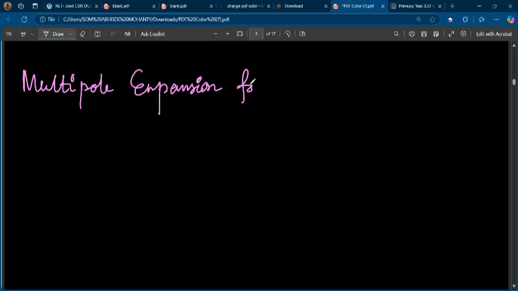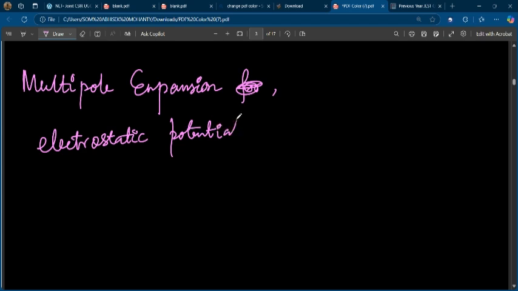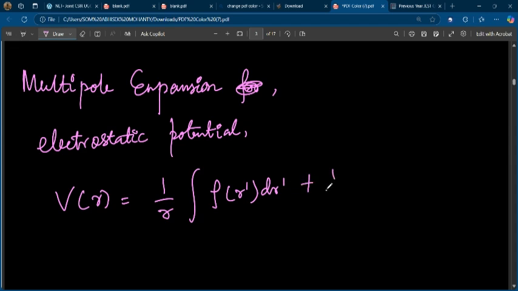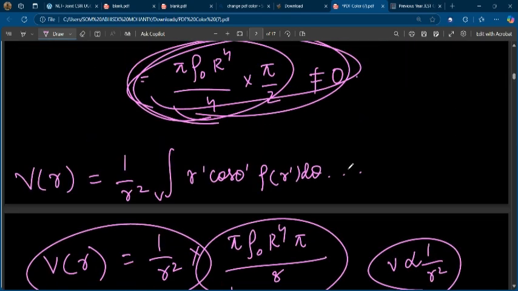The multipole expansion formula for electrostatic potential: V(r) is equal to 1 by r integration rho r dash dr dash plus 1 by r square volume integration r dash cos theta dash rho r dash dv. I made a mistake here, this is dv.